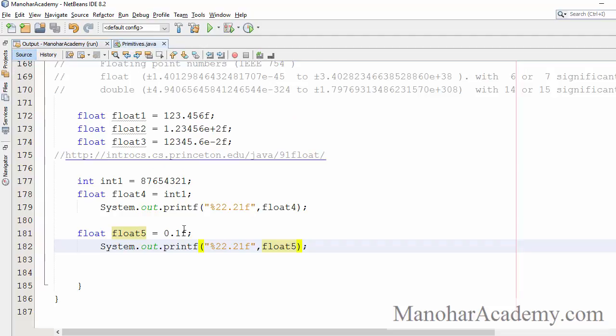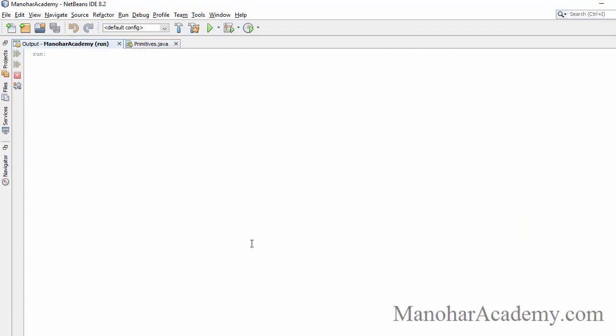Let me use \n here, so they will be printed on different lines. What did I give? I gave 0.1, but what did it save? It is very accurate up to 7 digits, but after that it will save some other numbers, because in floating point we cannot save 0.1 accurately.